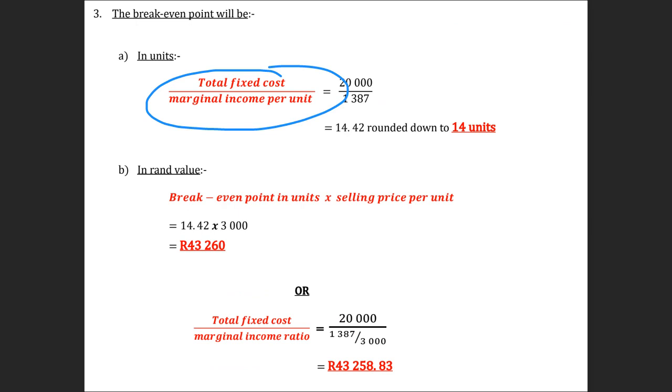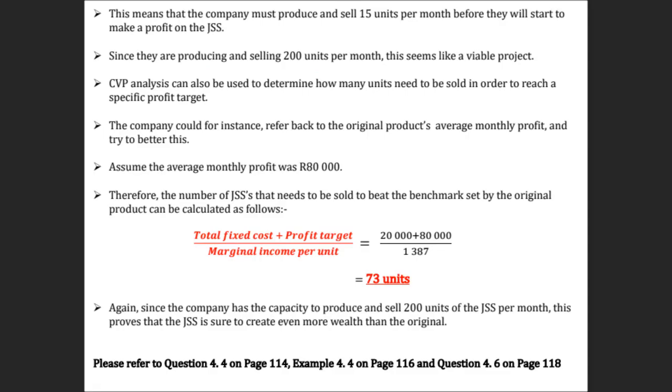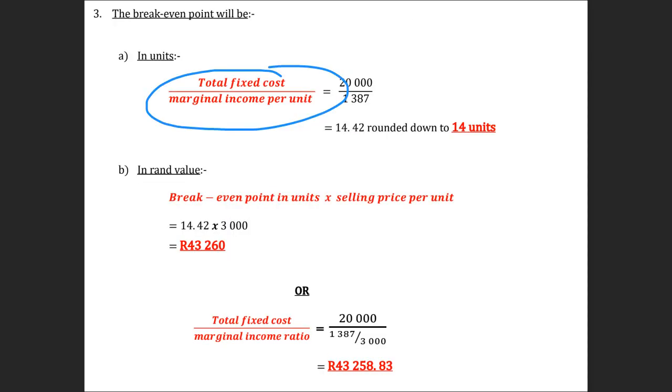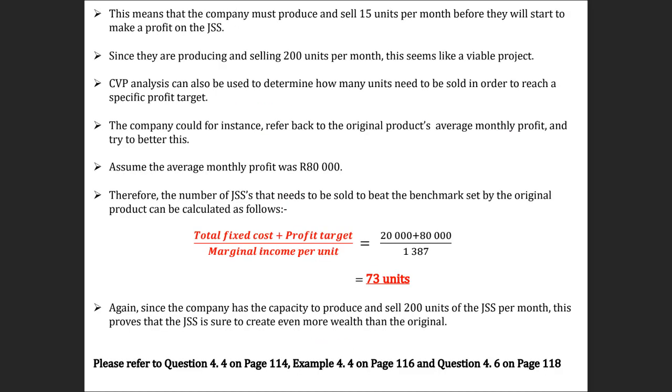You're taking that same formula and to the numerator, you're simply adding on the profit target that they hope to achieve. So in this case, exactly the same figures from the previous page, 20,000 over 1387. You're just adding into the numerator the 80,000 Rand profit that they hope to achieve, and the rest is exactly the same. So 20,000 as a fixed cost plus the profit target over the marginal income per unit.